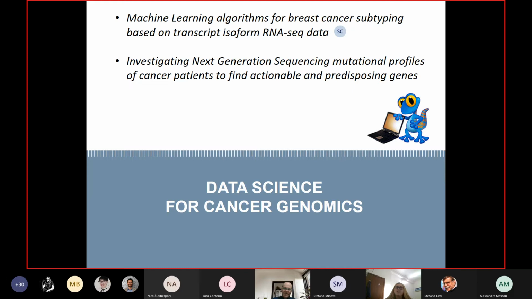And for what concerns this latter proposal, we will focus mainly on mutational data, but with possible extension also to other relevant types of genomic data, on which we already gained experience from previous works.